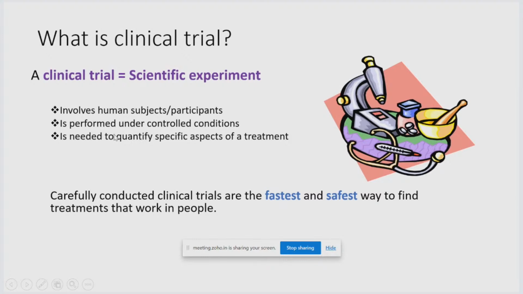Is it significantly effective or not? So you need quantification in terms of data. And clinical trials are the fastest and the safest way to find a new treatment that works in people. So it is almost similar to what you do in your lab. These are scientific experiments. That is the fundamental of clinical trials.